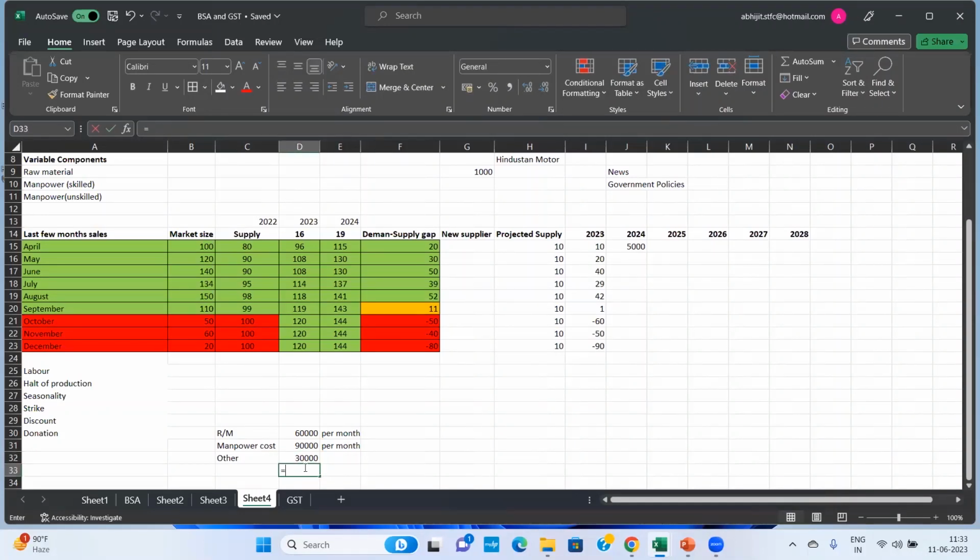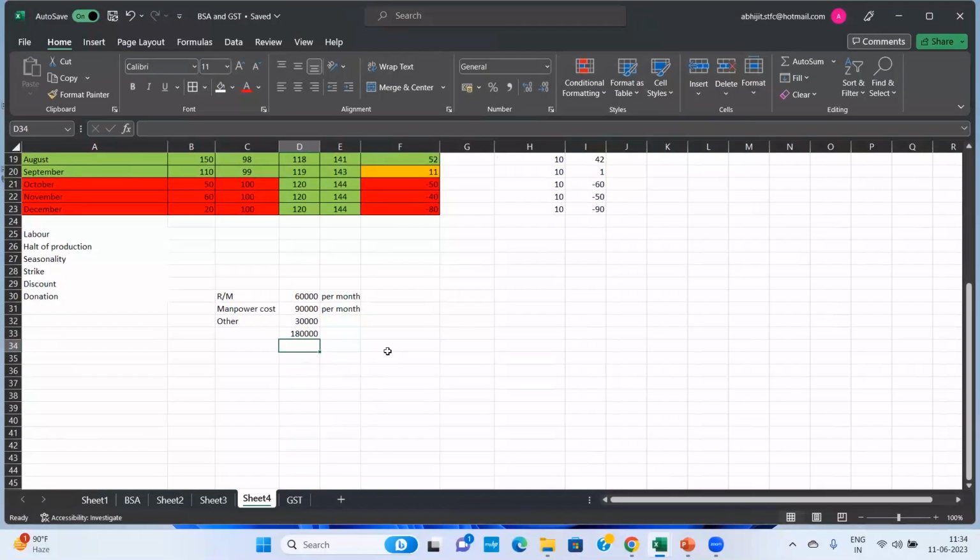So per month my variable expenses are 1,80,000, right? And in the market, I have to give credit for 3 months. So how much provision should I keep for my working capital?